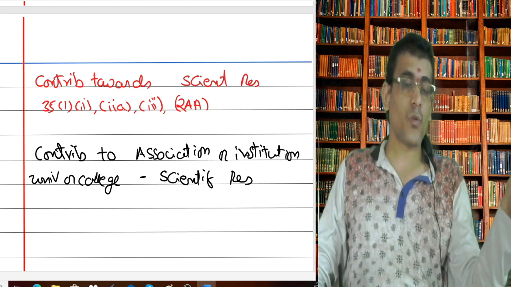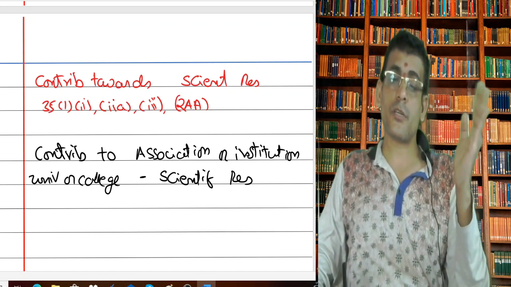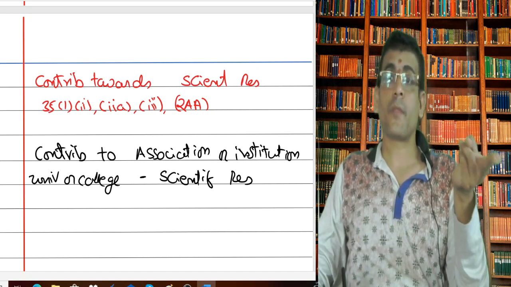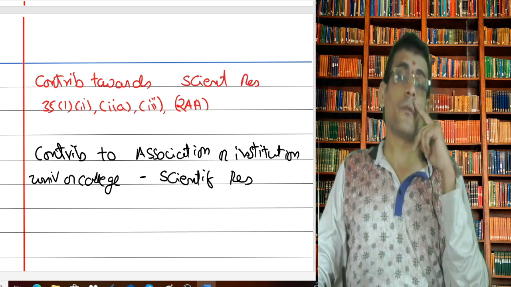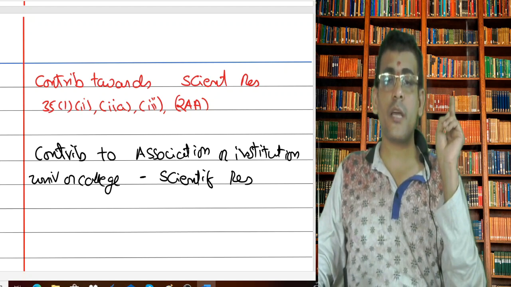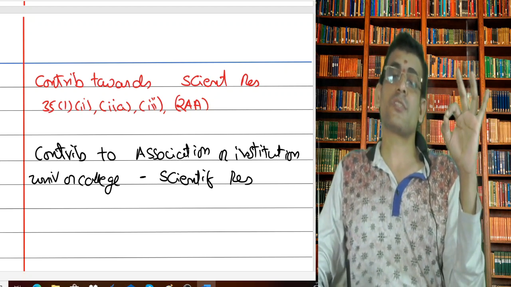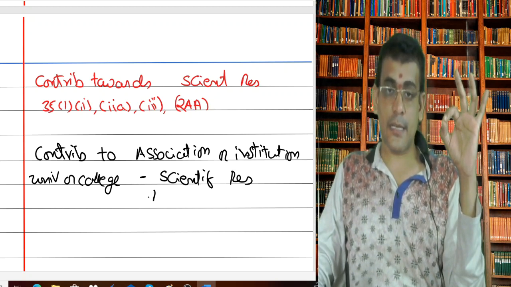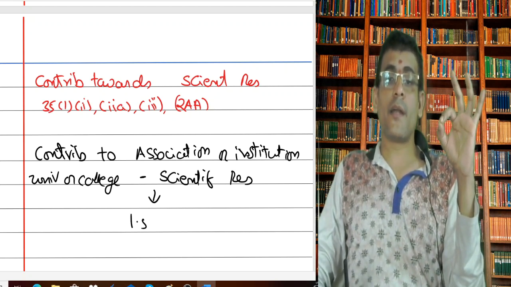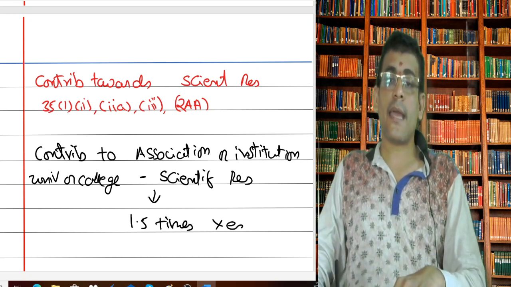The other case was that you are doing scientific research and incurring the expense. Now you are not doing scientific research, you are contributing to an association, an institution, a university, or a college, which is doing some sort of scientific research. Then 1.5 times the expenses incurred is allowed as deduction.